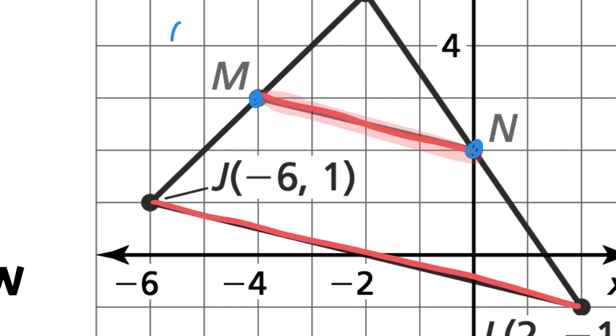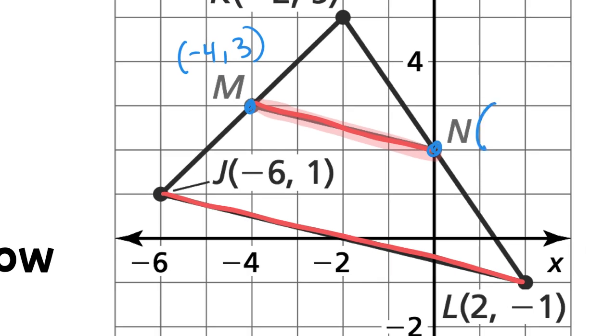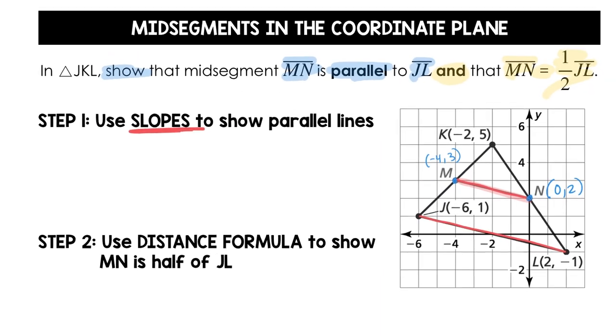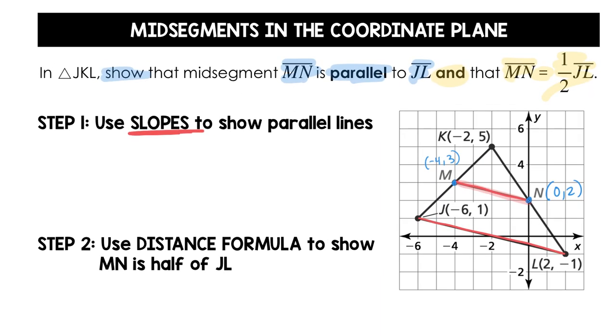So the coordinate of M would be, what is that? -4, 3. And the coordinate of N would be 0, 2. And we can just use those coordinates to find slope, right? So I'm going to go over here. Let's find the slope of MN first. And when you do slope, it's just y2 minus y1 over x2 minus x1.